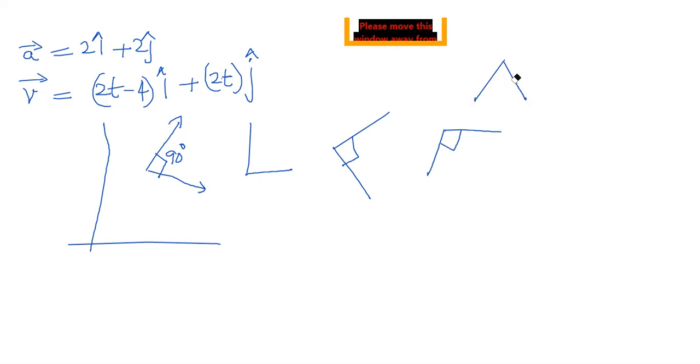What they said in the question is that two vectors are perpendicular to each other. What is perpendicular? 90 degrees, is it or not? 90 degrees can be anything. Yes, sir. It could be like this, like this, like this. All these are 90s or not? Yes, sir. All are 90 only.